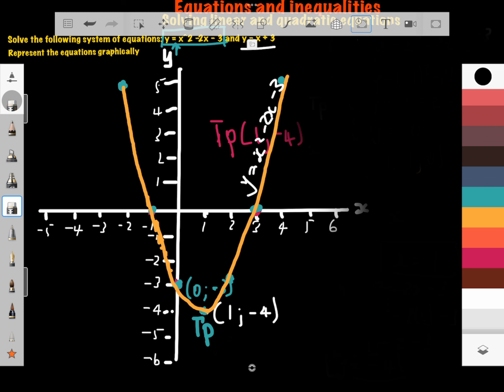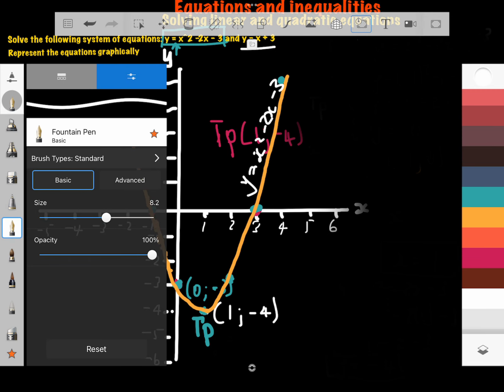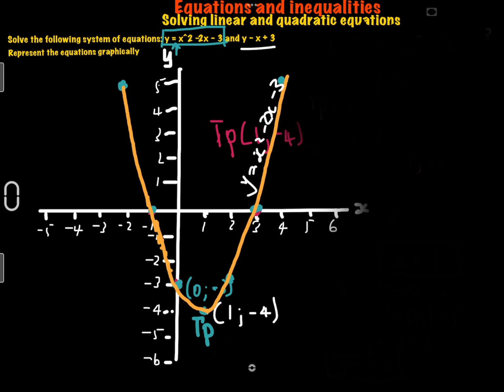So what we need to do now is to write our quadratic equation. We have our quadratic equation x squared minus 2x minus 3, and remember the linear equation is y minus x plus 3 is equals to 0.